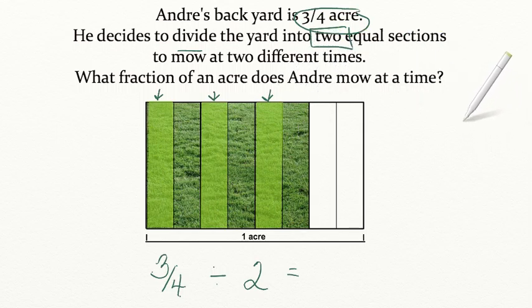So how much of an acre does Andre mow each time? Well, let's count up our shaded pieces. We have 1, 2, 3, which is going to be our numerator, out of 8 pieces in our whole, which is going to be our denominator. That means that Andre is mowing 3/8 of an acre each time he mows the lawn.